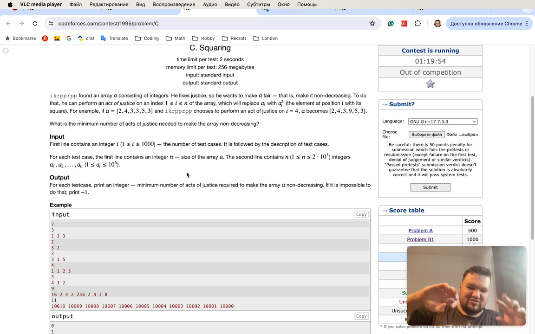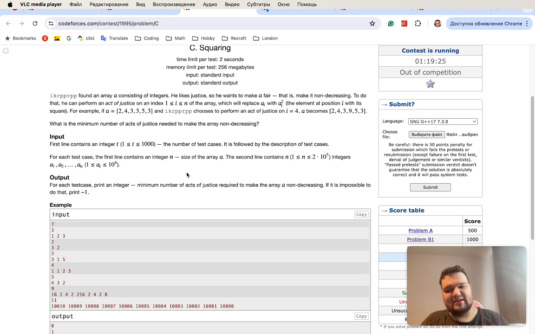We don't need to actually do all those squarings. We just need to start with those two numbers and find the number of squarings we need. But we need to be a bit careful here: if the left number is smaller, it can happen that after several squarings it is still smaller.